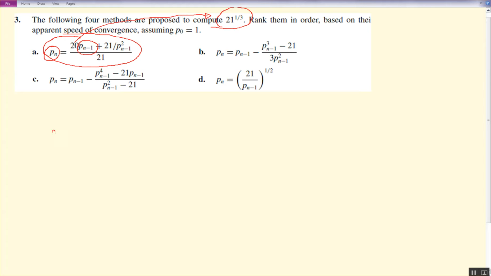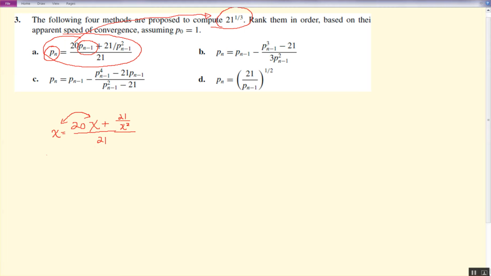In other words, Pn, let's call it x, should be equal to 20 times x, because they are very close. They are supposed to be equal when they are convergent. So plus 21 over x squared. Again, this Pn minus 1 is supposed to be the same as Pn when they are convergent, divided by 21.